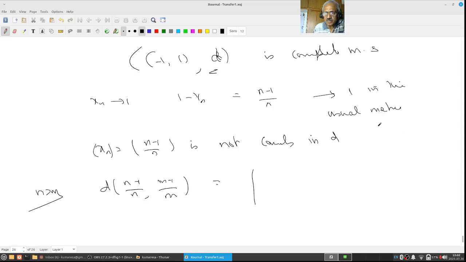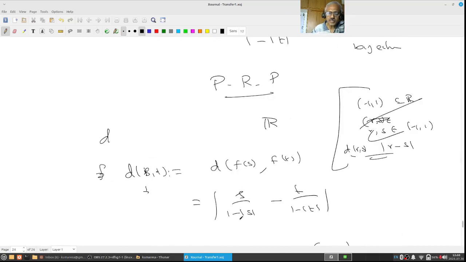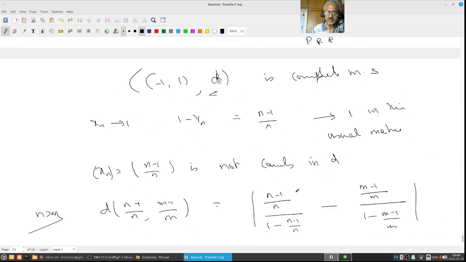What is the distance? You just see that. What do I do? This is positive, therefore I can write it as (n minus 1) by n over 1 minus (n minus 1) by n, minus (m minus 1) by m over 1 minus (m minus 1) by m. Go to the definition, s by 1 minus mod s, t by 1 minus mod t.